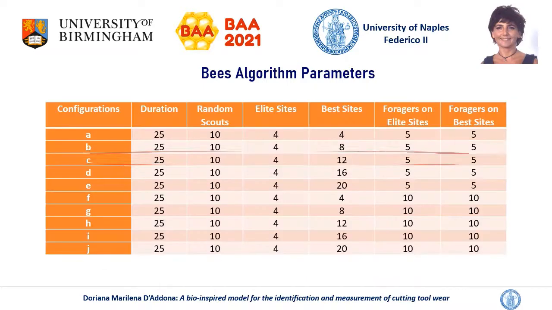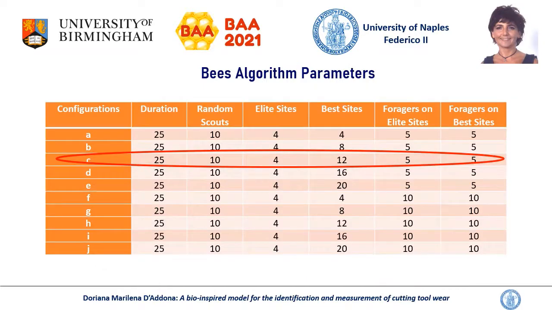In particular, in this table, we see the different BIS algorithm configurations, and in the red circle, we see the selected best configuration that we have chosen for our activities.